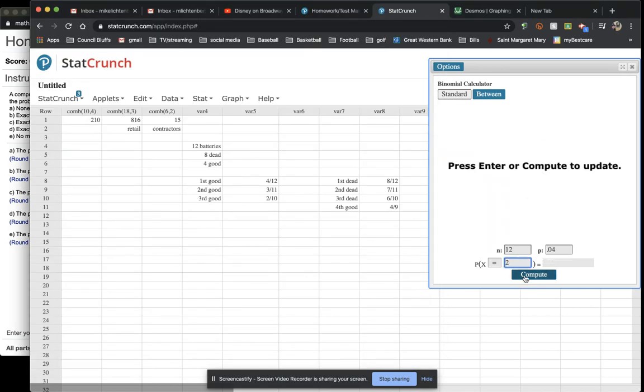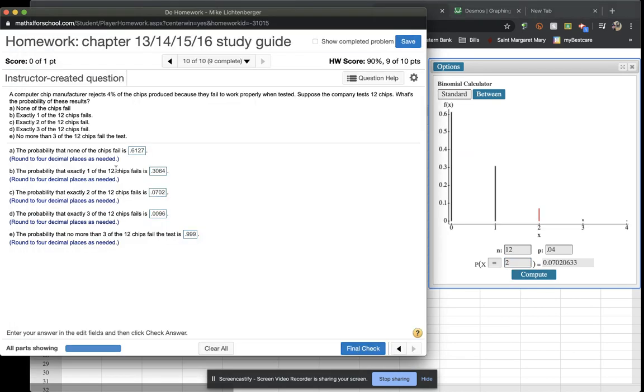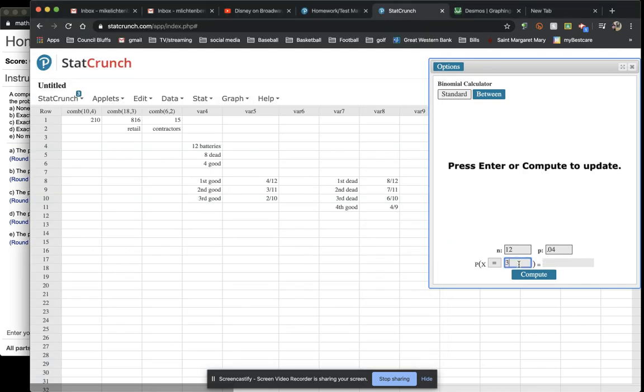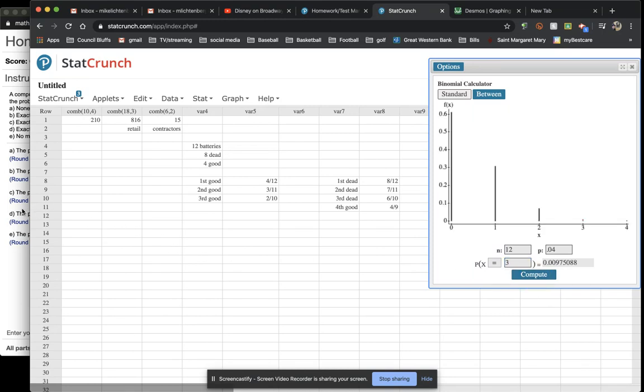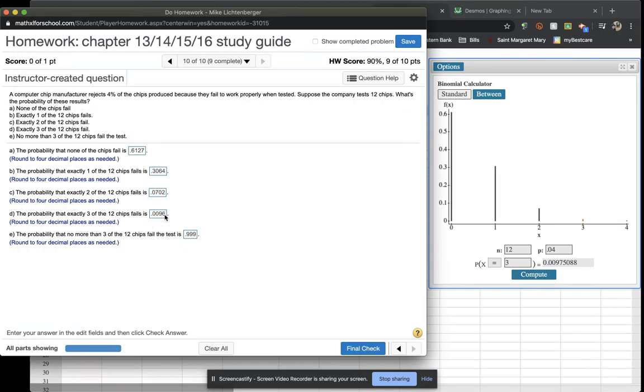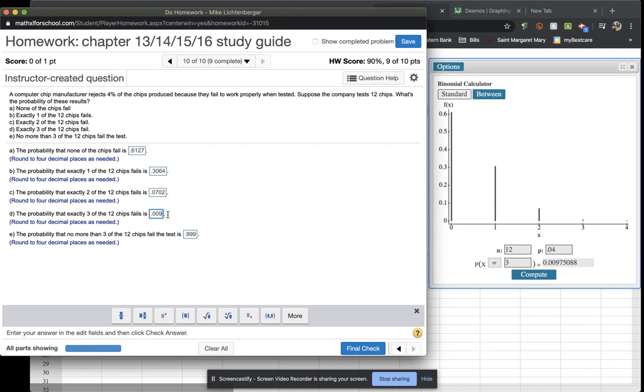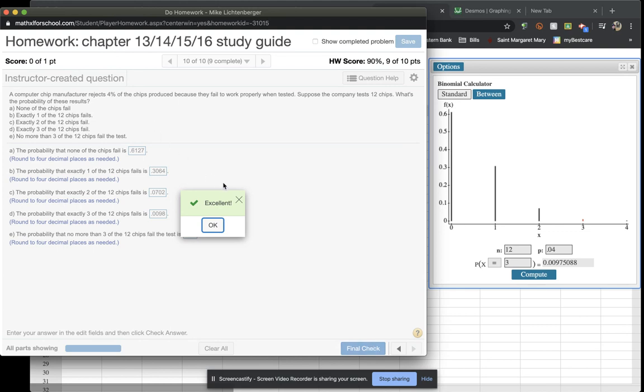Change that to a 2. 0.0702. That is correct. Change that to a 3. Oh, that's where I made the mistake. 0.009. That should be 0.0098. There we go. So you could see it's really important that you round correctly. I obviously did not round correctly in that one, which caused it to mark it wrong.